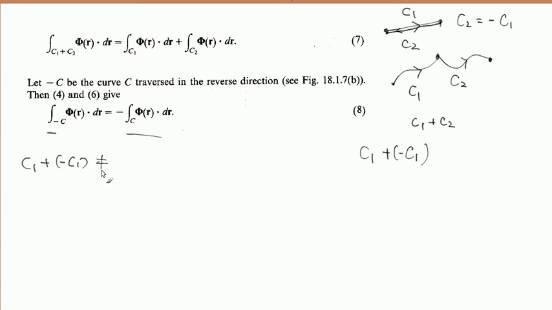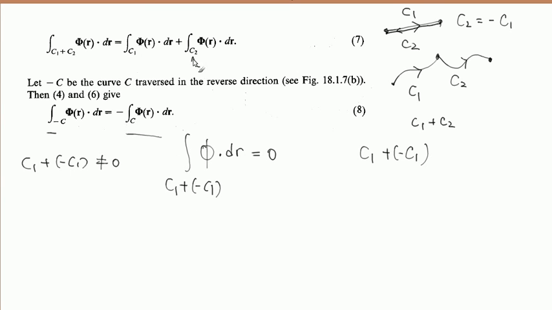So let me write down what I just said. This is not equal to 0. I don't even know what a 0 path means, so don't write it like that. But we do have this: the integral over C1 plus negative C1 of whatever vector field you integrate. What is the answer? 0, because it is the sum of these two things.